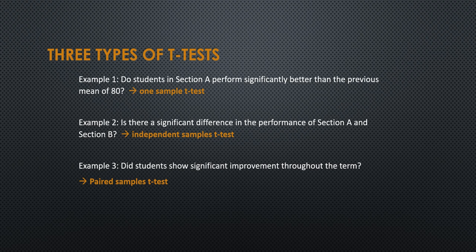Because in terms of grades, better means higher than. Example 2, you would want to notice the words, is there a significant difference? Because the words significant difference do not imply a specific direction. That could mean either higher or lower. Section A could perform either higher or lower than section B, and either one of those could be considered a significant difference.